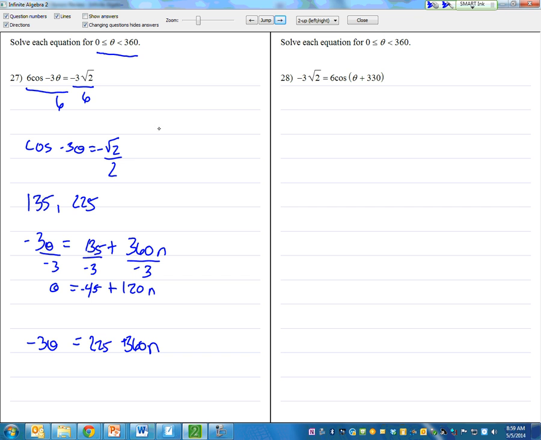So this is my theta values, and let's plug in 0. If I plug in 0, 0 times 120 just gives you 0, plus negative 45 is a negative answer. I don't want that, so I don't have an answer there. Okay, so let's plug in 1. That gives you 120 plus a negative 45, which gives you 75.